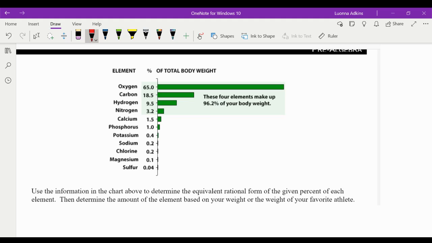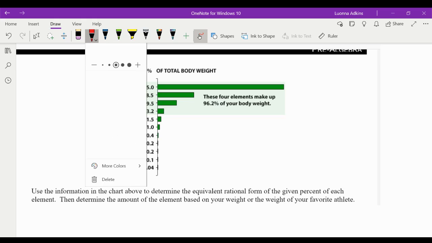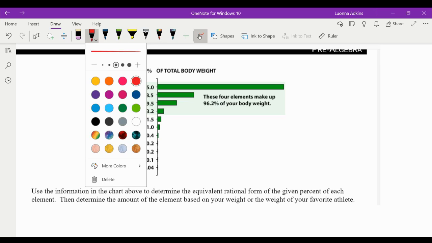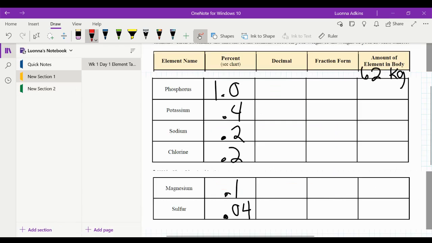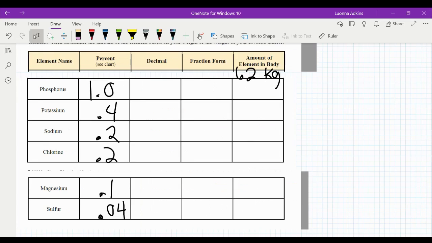We're only going to look at the elements from phosphorus to sulfur. Those are the elements we're responsible for. We're going to record those elements onto this table.